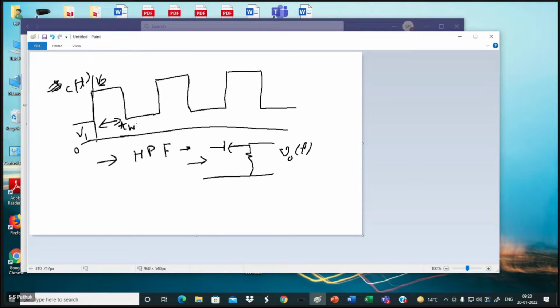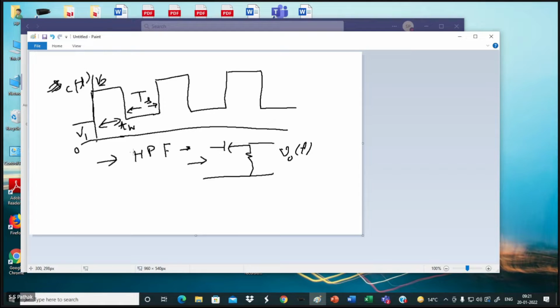Then there is the off period from here to here, which I'm calling TS. T working and T stop, TW and TS. Based on the width you have, the output will come like this.